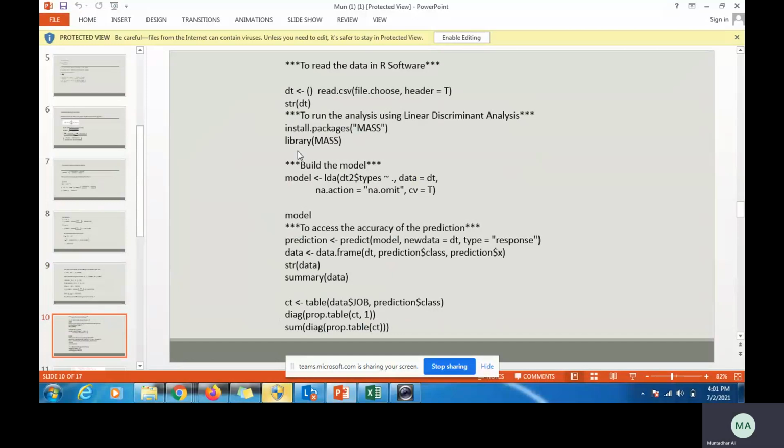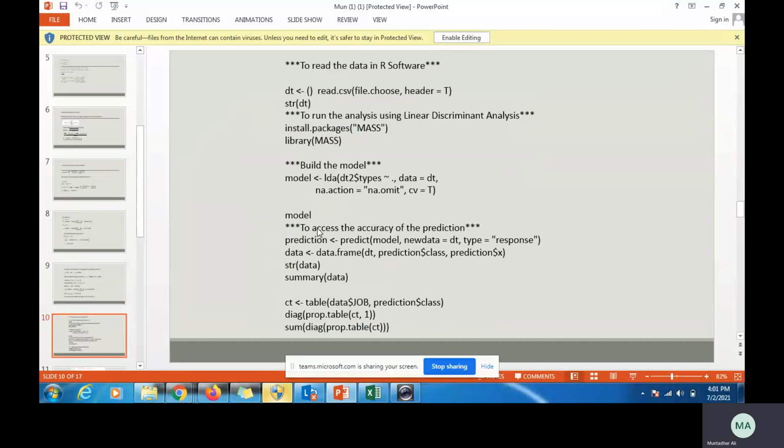Then to build the model, we need the code model, lda, types data equal to dt, na.action equal to na.omit, CV equal to T.